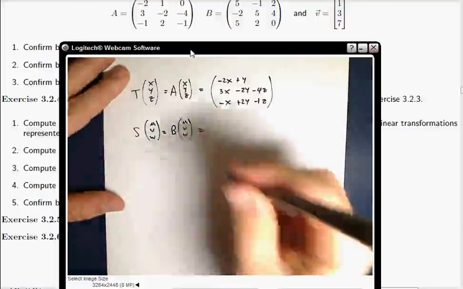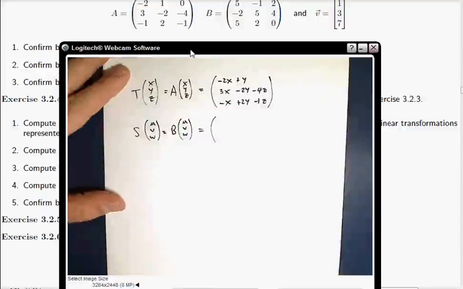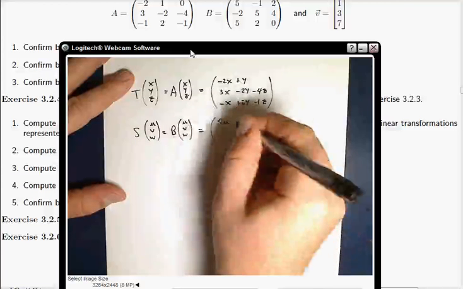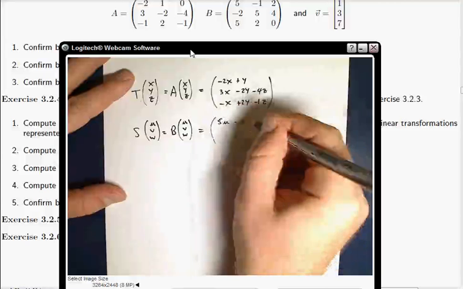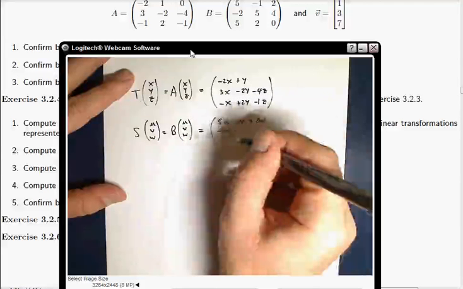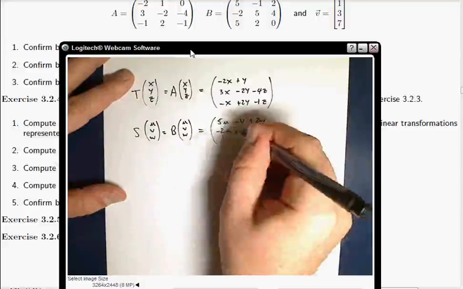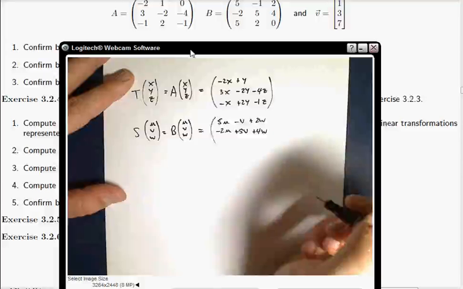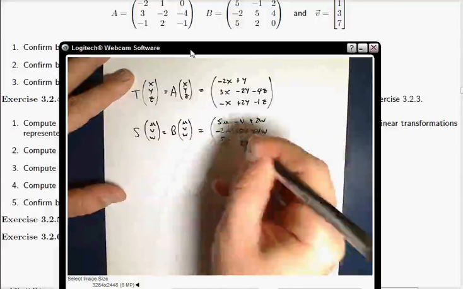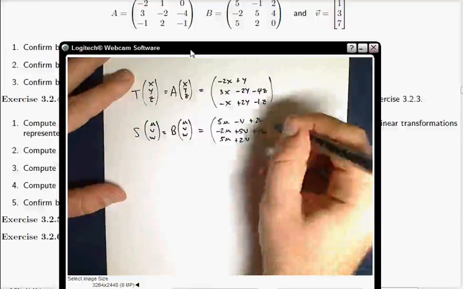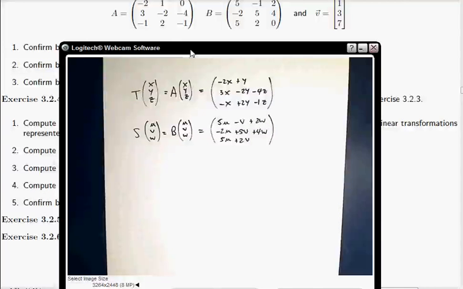So it's 5U minus V plus 2W, then negative 2U plus 5V plus 4W, and then 5U plus 2V plus 0W. Okay, so there are our 2 linear transformations.